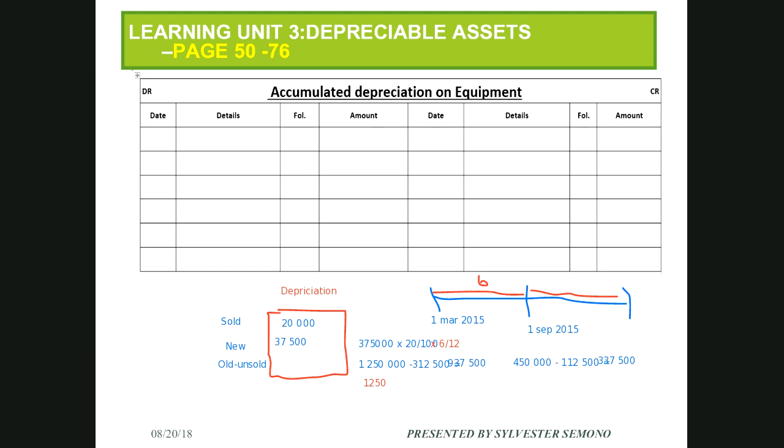Please ask a question if you're lost. How much do you get? 1,250,000 minus 337,500. Help me.